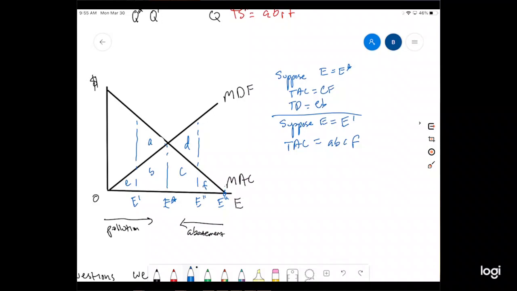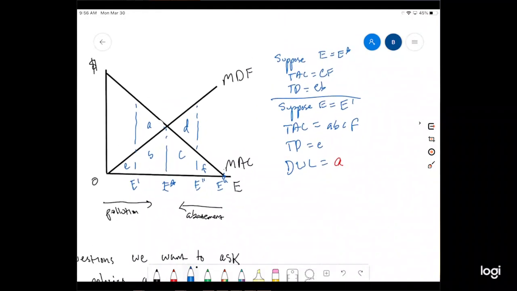So going backwards from EU up to E prime, that's our abatement cost, the cost of reducing the emissions from EU to E prime. Total damages in this case equal E. So the deadweight loss of reducing our emissions too much is A. The efficient level of emissions is E star, we've gone from EU all the way to E prime, so we've reduced our emissions more than we really need to.